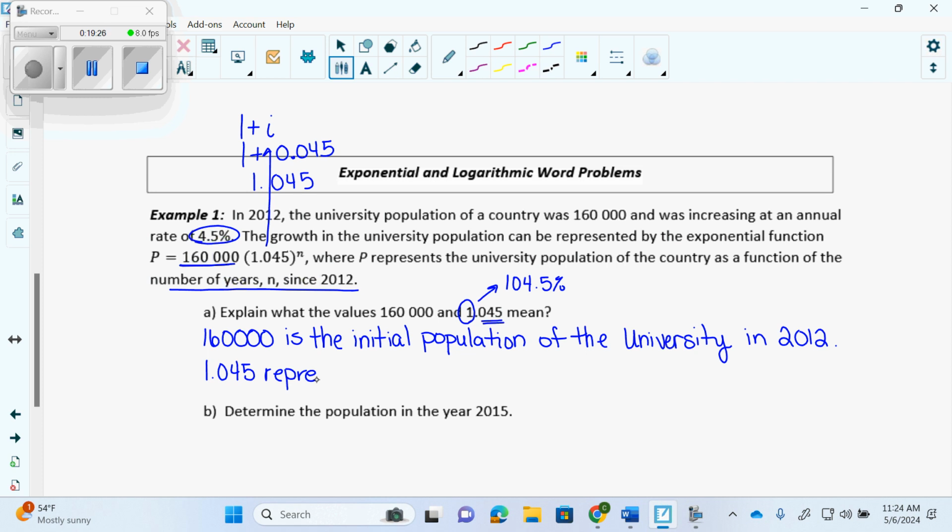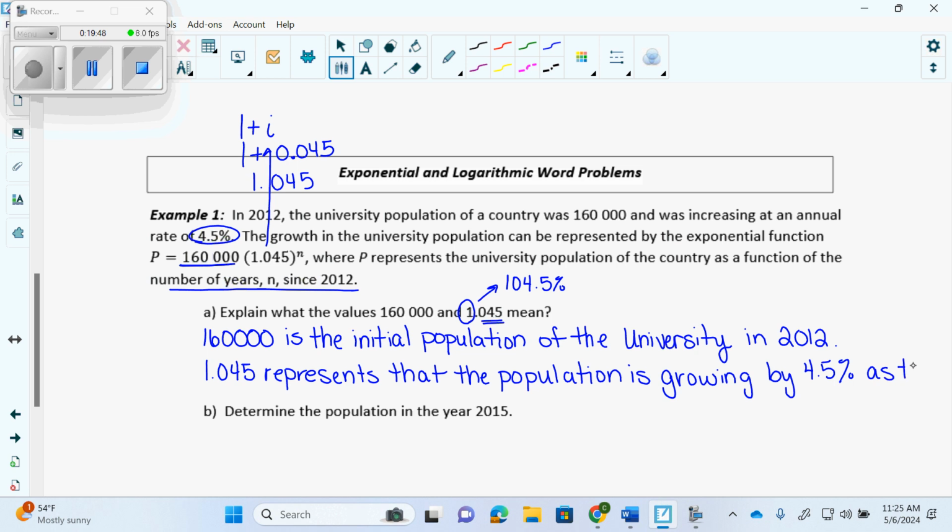And so 1.045 represents that the population is growing by 4.5%, as the number is greater than 1. We agree?